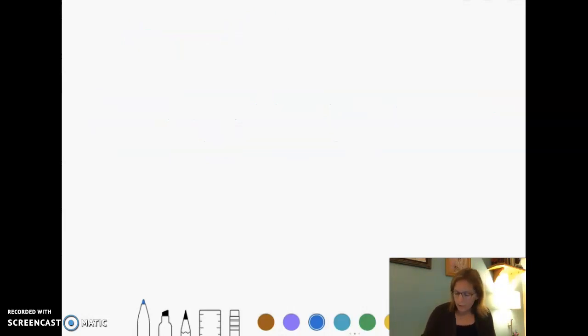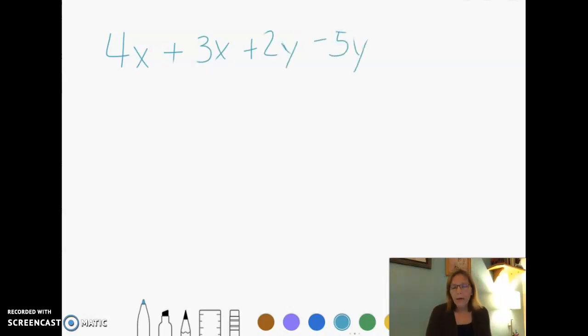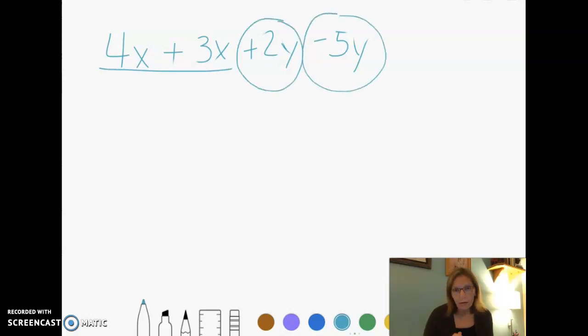In the next section, you're going to be simplifying terms, which is the same as combining like terms. So you might have something like this. Okay, and what I have to do is I have to look for all the terms that are alike or matching and then put them together. So right away I see that I have some x's that go together and I have some y's that go together.